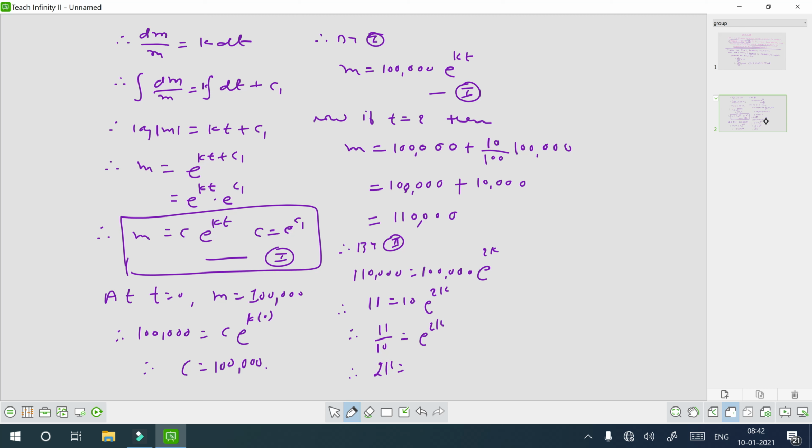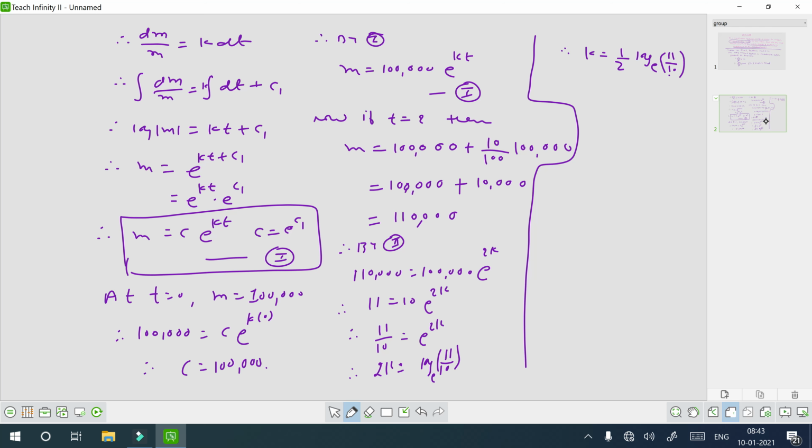So 2k is equal to log 11 by 10 base e. So ultimately what is k? k is equal to half log e base 11 by 10.